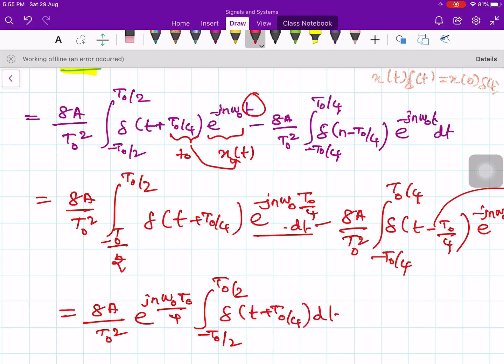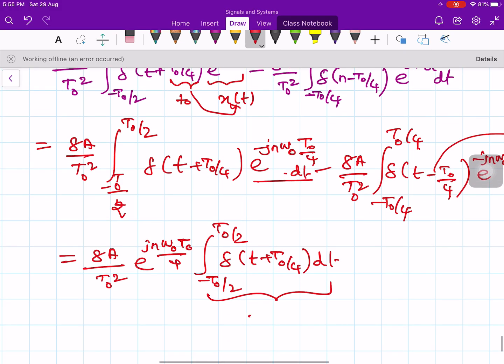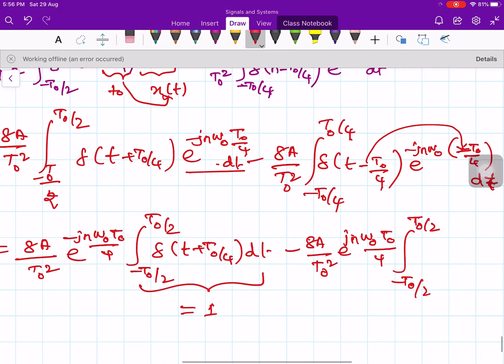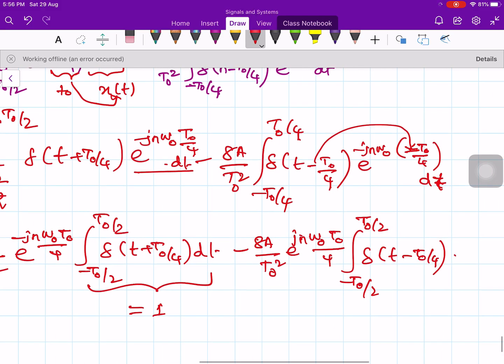What is this? This is area. Area is equal to 1. Similarly, minus 8a by t naught square, e to the plus j, here minus and here plus, j n omega naught t naught by 4, integral of minus t naught by 2 to plus t naught by 2, delta of t minus t naught by 4 times dt.